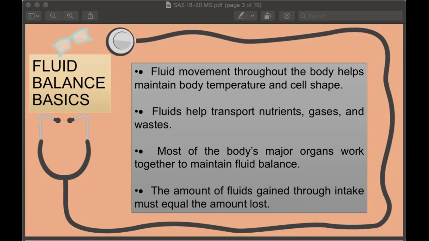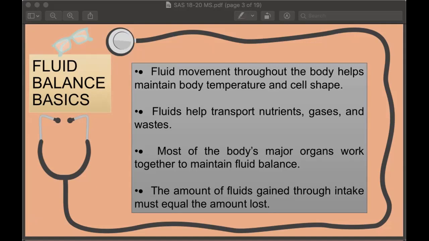A while ago, we already talked about this one, but I hope you still remember in relation to your digestive system, the segmentation and peristalsis. There are gastric juices there, right? Or some sort of fluids that are transporting the food in the digestive organs, and then the nutrients all over the body.